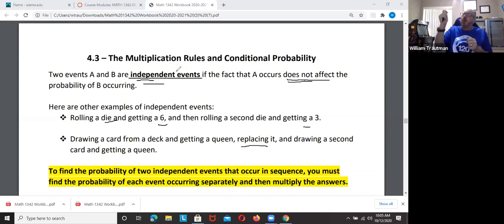However, if I draw a card and I don't replace it, now I only have 51 cards, so they are not independent. So if I replace the card, they're independent.